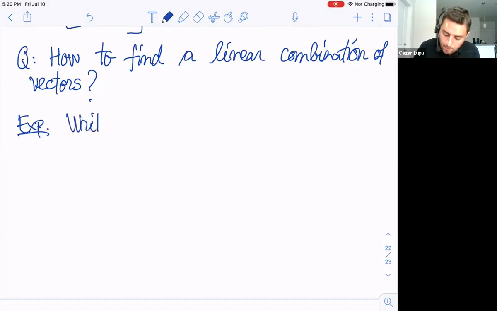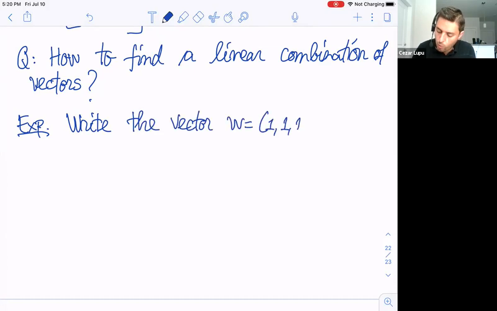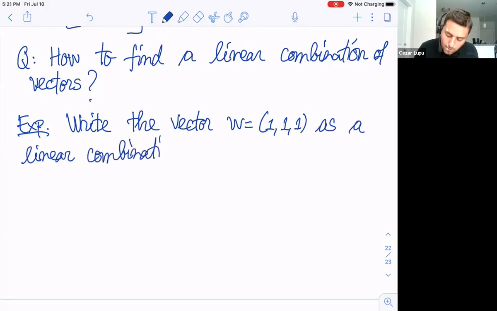Write the vector W, let's say (1, 1, 1), as a linear combination of vectors in the following set.